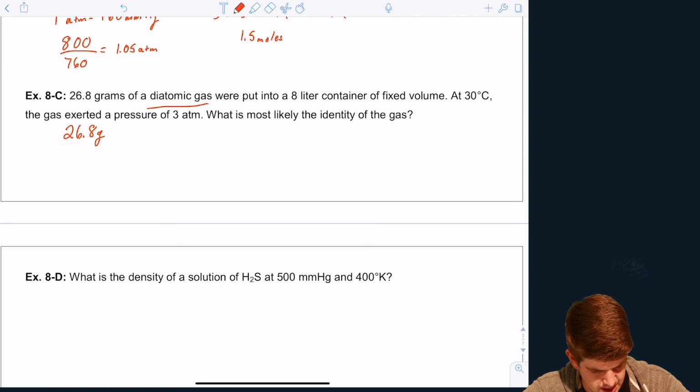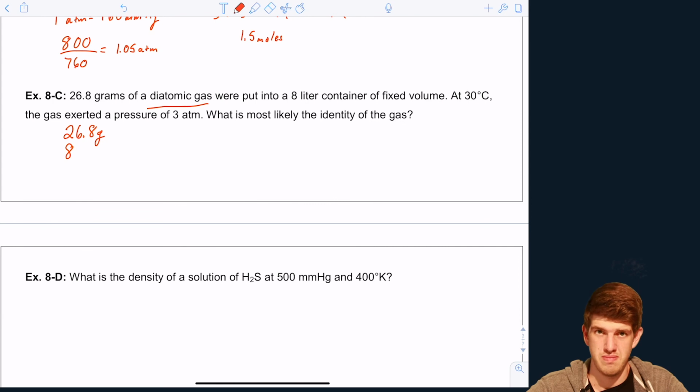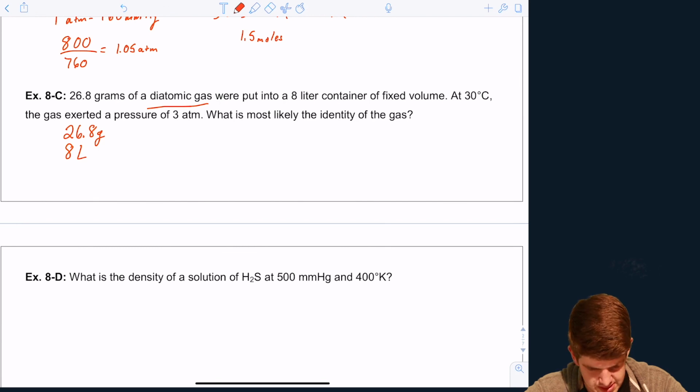We have an 8-liter container of fixed volume, so it's going to stay at 8 no matter what. At 30 degrees Celsius, the gas exerts a pressure of 3 atmospheres. So we have pressure is equal to 3 atmospheres.